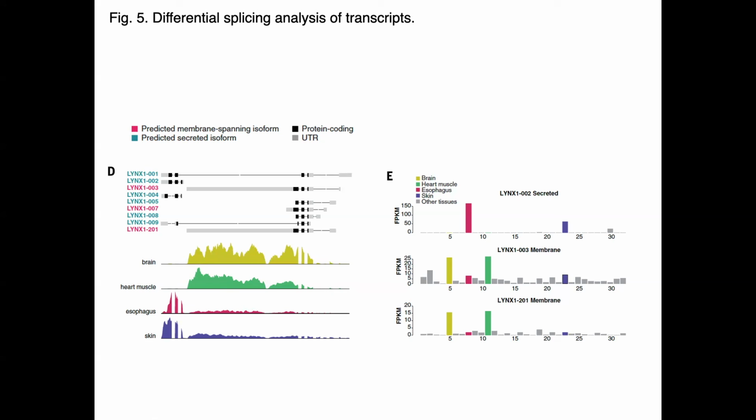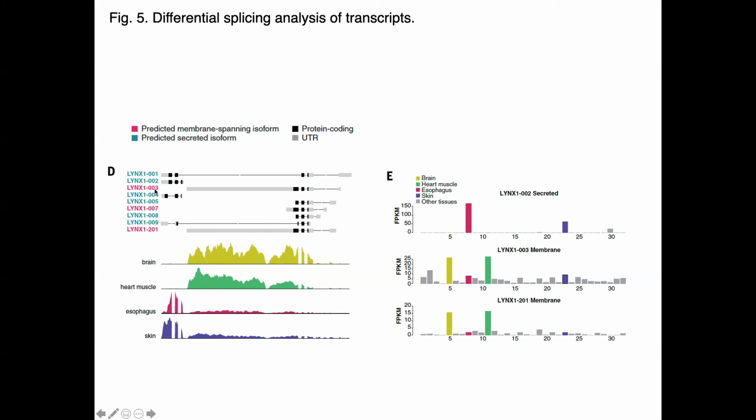In brain and heart muscle, this gene is likely expressing membrane-bound isoforms, but not secreted isoforms. Why? You should understand this, okay? Because the RNA reads spread through this very long 5' UTR region, which only exists in membrane spanning isoforms.